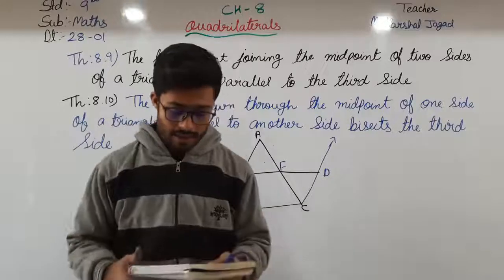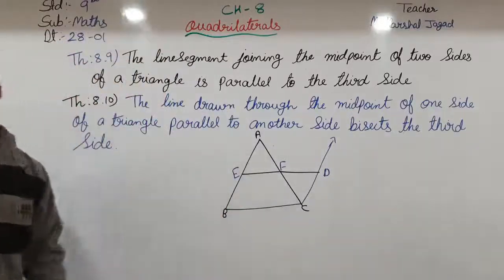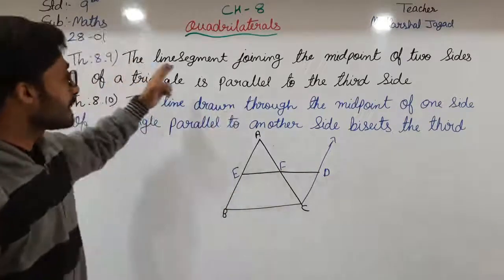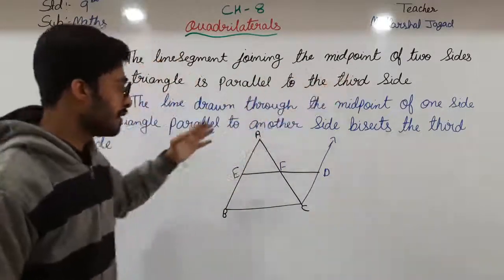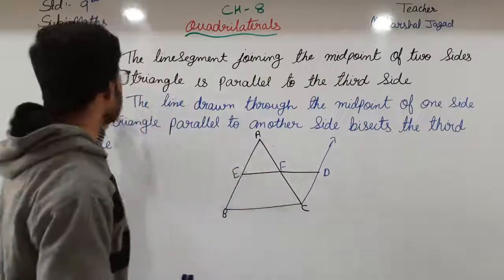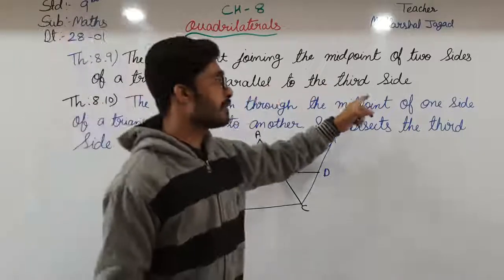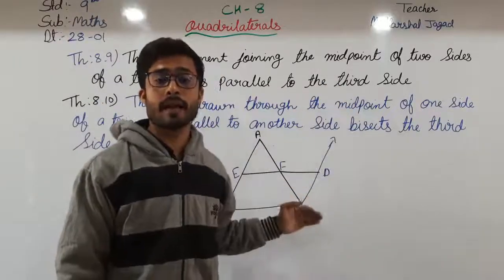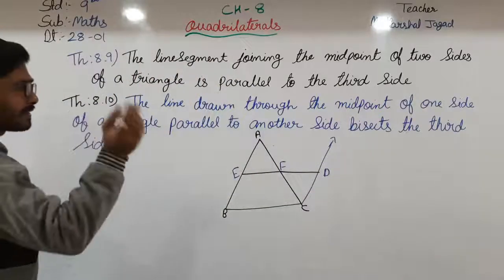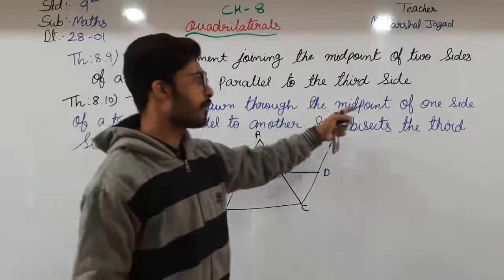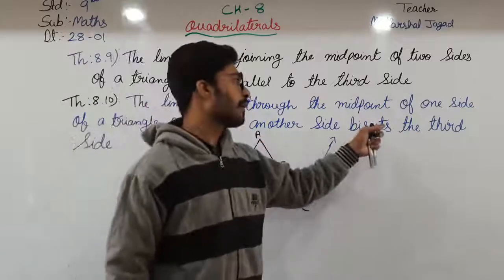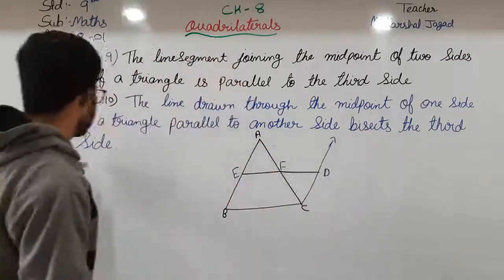Okay students, then after we have to prove its converse theorem. The line segment joining the midpoints of two sides of a triangle is parallel to the third side. Then here is the converse: the line drawn through the midpoint of one side of a triangle parallel to the other side bisects the third side.